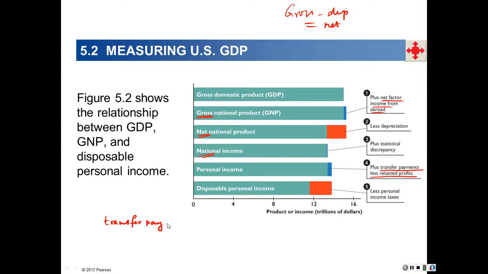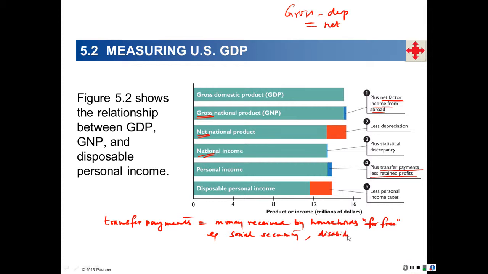Transfer payments are money received by households for free. Examples would be things like Social Security payments, disability payments, pensions. You follow me? Welfare payments. So these are called transfer payments.